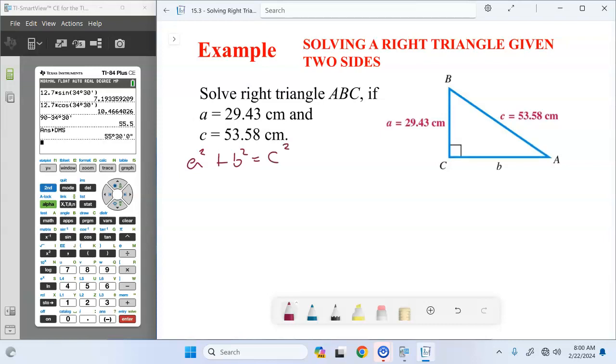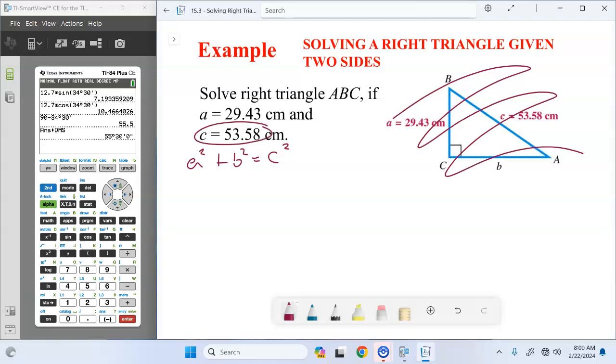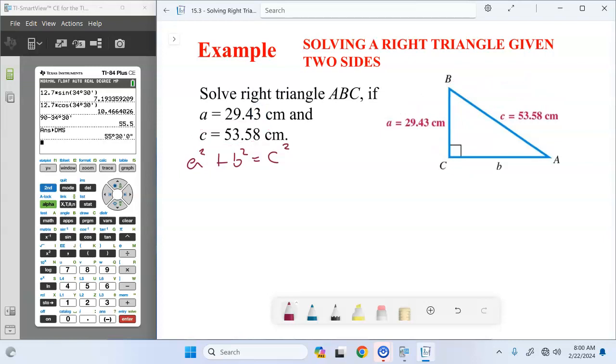So again, paying attention to what side is what. C is always reserved for the hypotenuse, whether they give us a diagram or not. They don't have to give us this picture, and we still need to know that C is our hypotenuse.